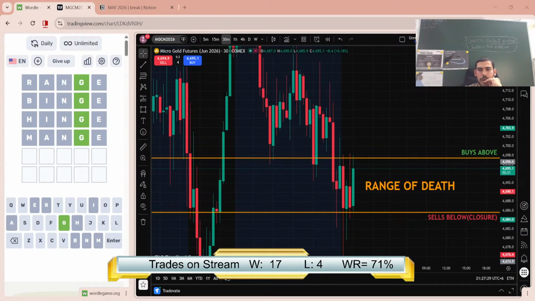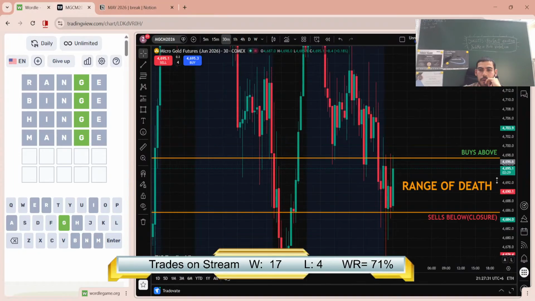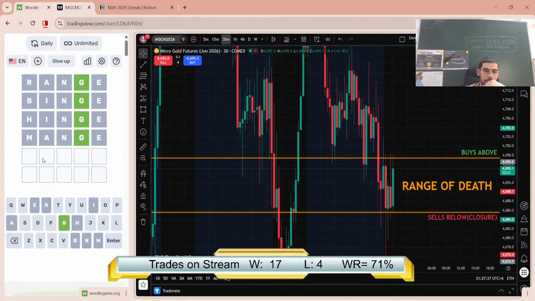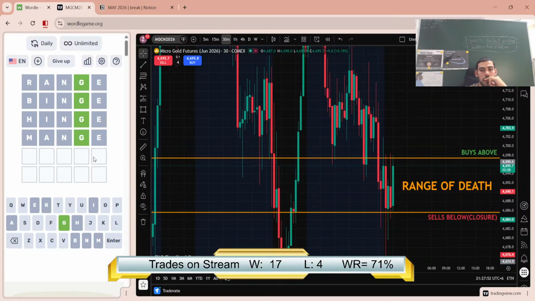I think I'm going to give up soon. I'm going to give up probably when this candle closes, but I don't like giving up. I have to try with all my powers, with all my energy. It's not enough. Angry.